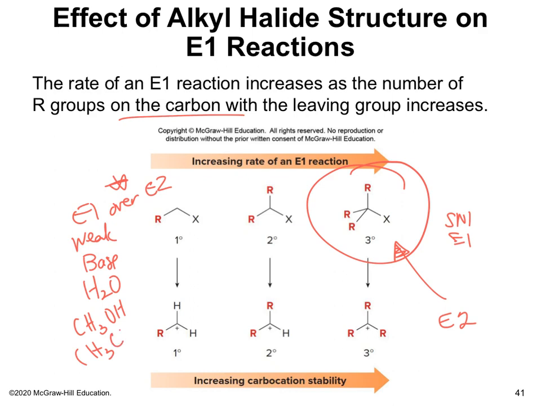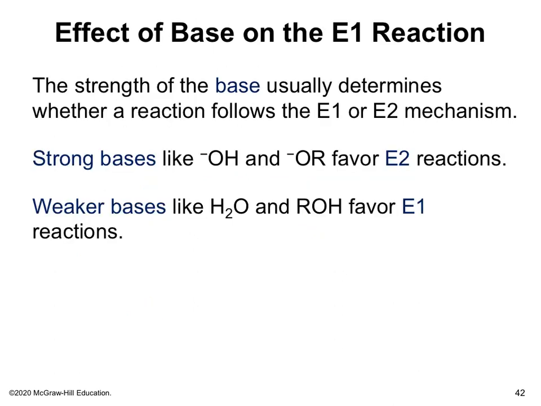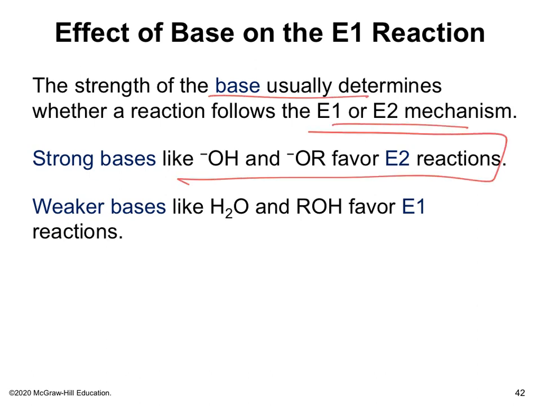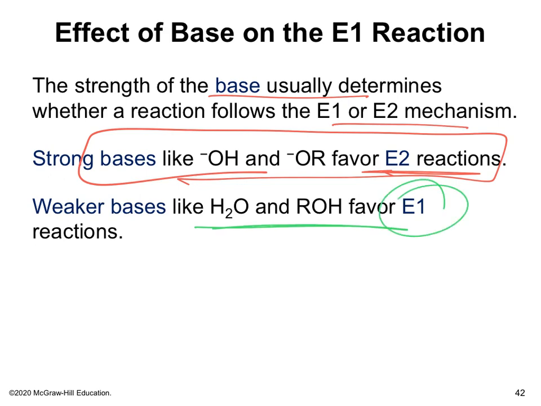These are weak, and they're also polar protic solvents. The strength of the base will determine whether you have E1 or E2. You see the negative charge? The strong bases favor the E2. Weaker bases like water and alcohol favor E1. That's how you know.